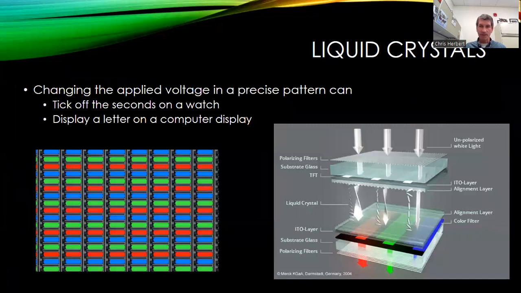And LCD displays now are color, and basically they allow, depending on what pixel we're looking at, a red, green, or blue pixel through. And this gives us the display that we want. Every time we turn on the voltage, that gets the liquid crystal aligned and allows us to see the light.